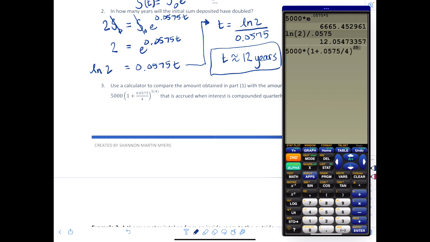I'll just evaluate that, and it's just a little bit less, right? So compounded quarterly, this would end up being $6,651.82, and we're good to go.